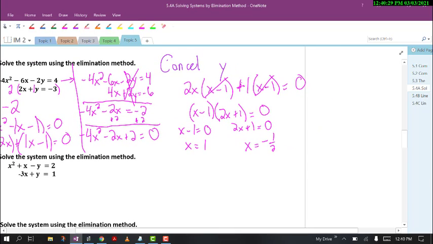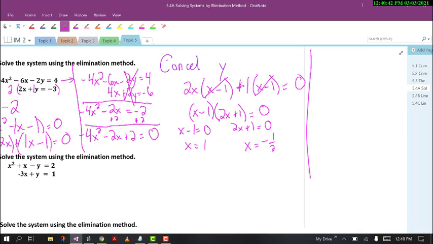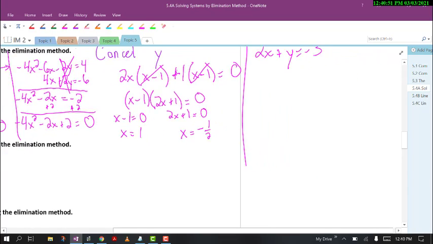So both answers are correct. They're not done, but they are correct. So what we still need to do is substitute those values back into one of the equations, either one, and get our y values that go with those x values. So I want to use 2x plus y equals negative 3. Why do I want to use that?